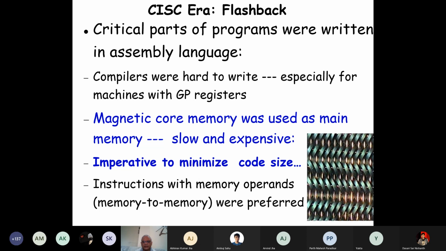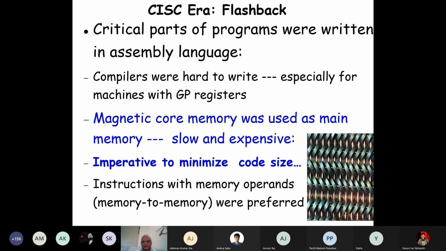It was a large rectangular piece of memory, where inside each of these stored a bit actually. These are magnetic elements, and there were ways to magnetize them in different magnetic orientations, and based on that the bits were encoded, whether it is 0 or 1.